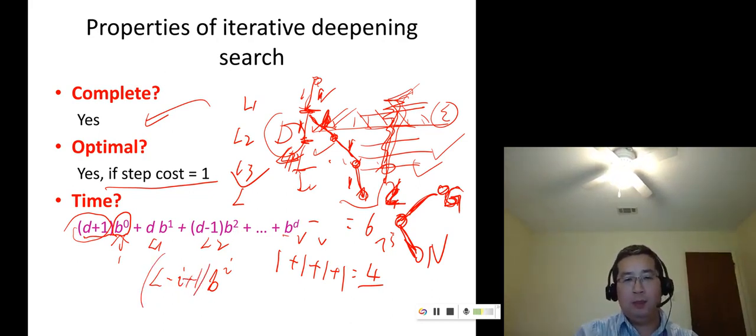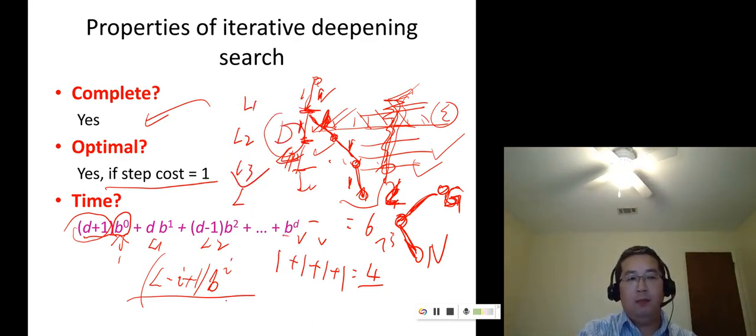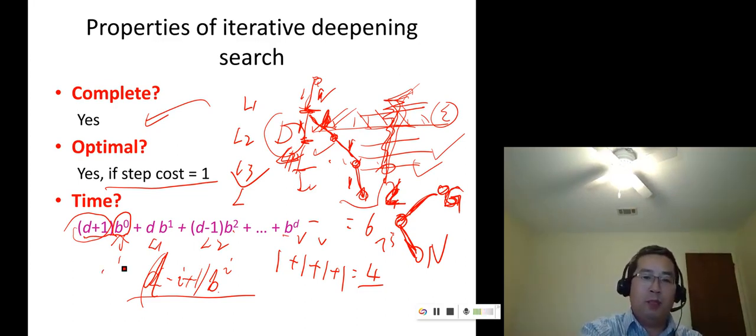It's like this formula. Okay, like this one. If I equals 0, then that's d plus 1. If I equals 1, that's db. If I equals 2, layer 2, that's d minus 1. So that means you can just conclude a description for this one, and then you can just use sigma, right?